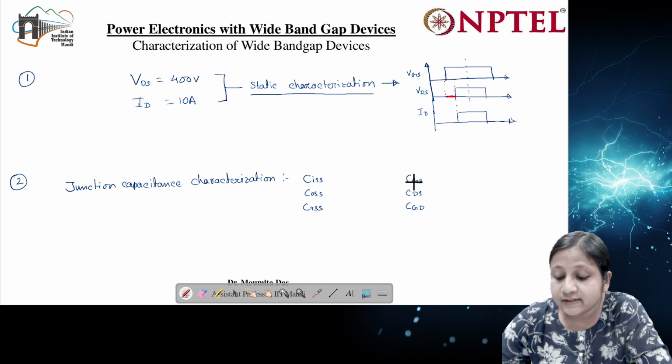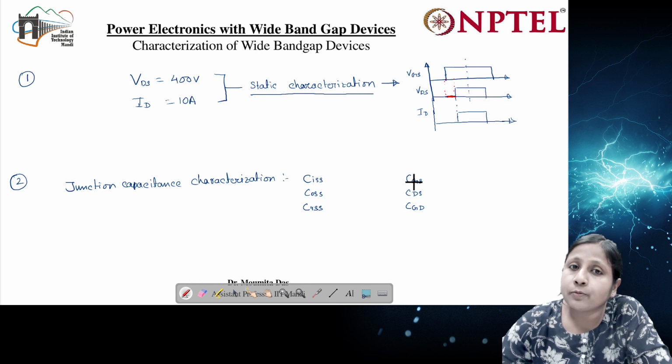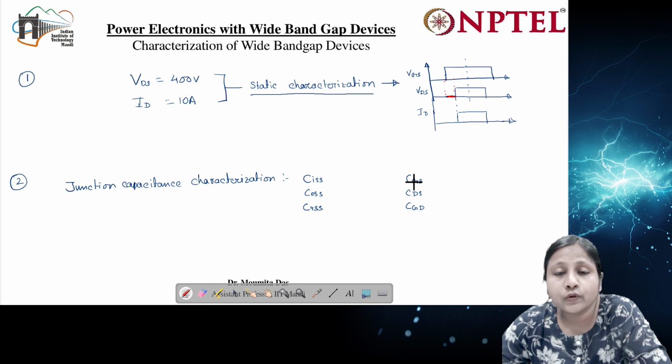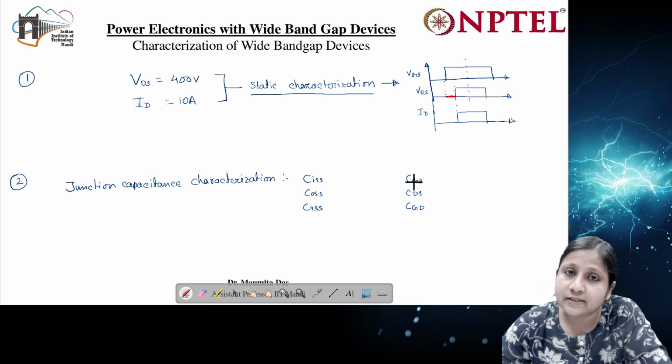And then variation in the drain current can also cause a change in the capacitance value, and also the temperature. So these static parameters and the temperature affect these junction capacitances. That is why it is important to characterize these capacitances in order to find out the exact value of the capacitance from the graph with respect to the particular application.